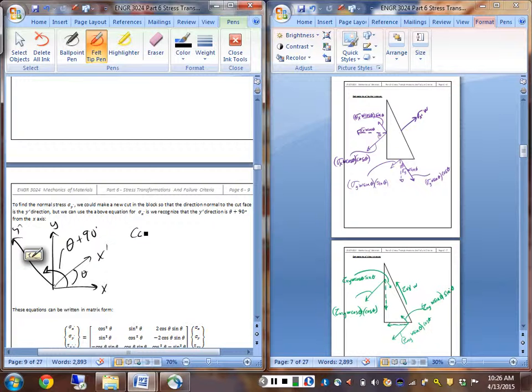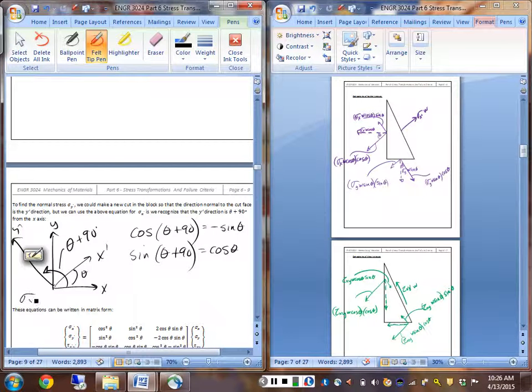So here's our one little trig trick. We know that cosine of something 90 degrees more than theta is minus sine, and we know that sine of 90 degrees past where we are is cosine of that thing. So with that trick, we don't have to do our force balance again.